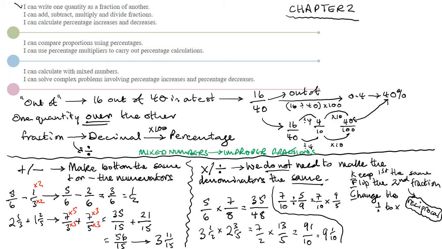So now it just becomes a multiplication. 7 times 9 is 63 over 50. I could change that to a mixed number. 50 goes into 63 once with a remainder of 13. So that is adding, subtracting, multiplying and dividing fractions.